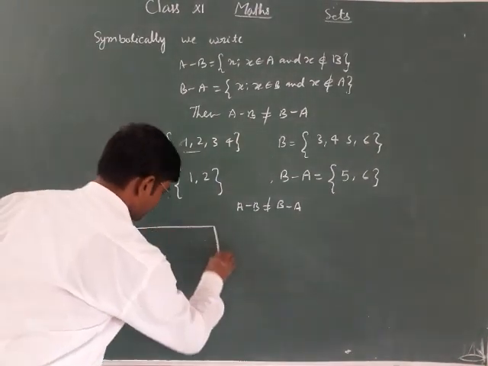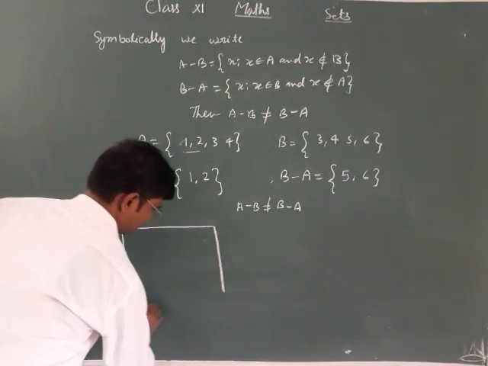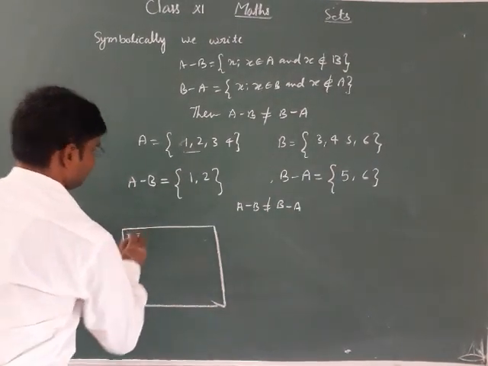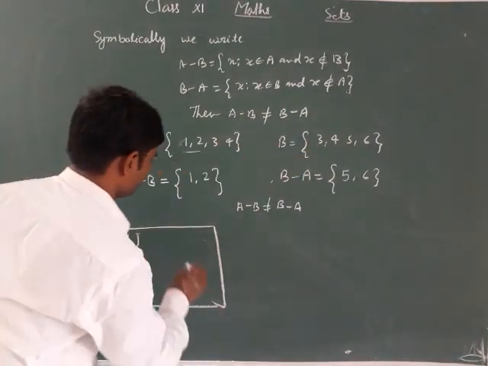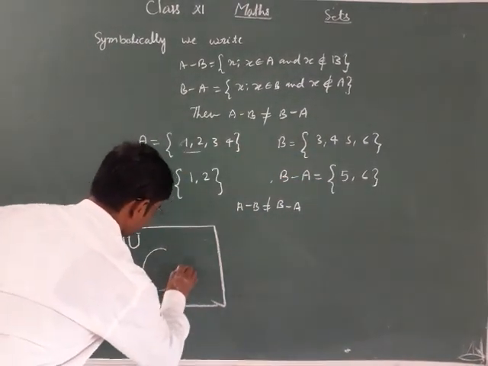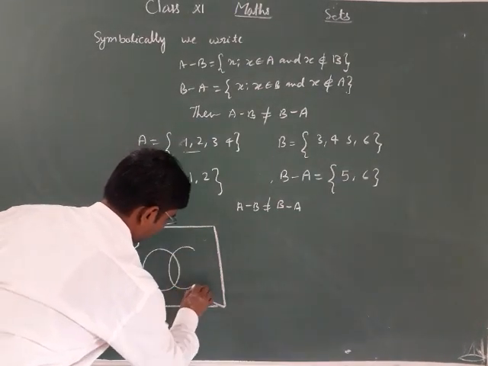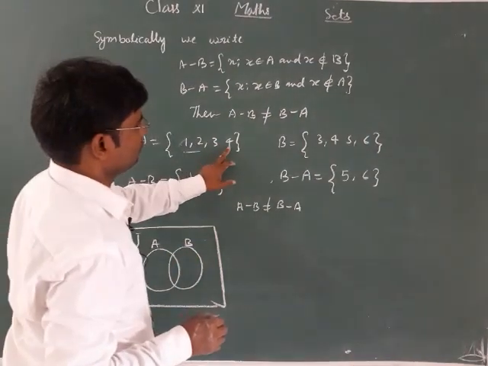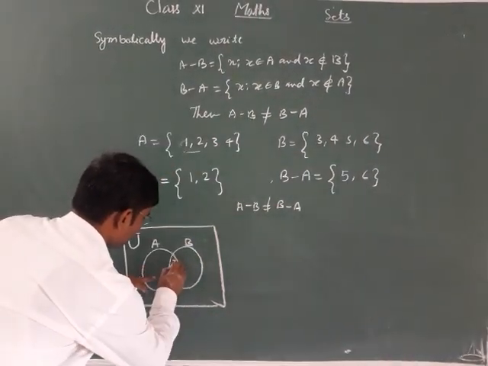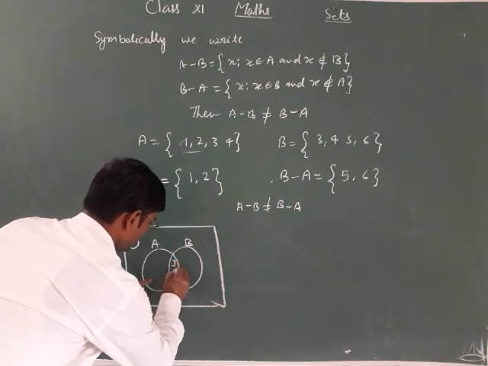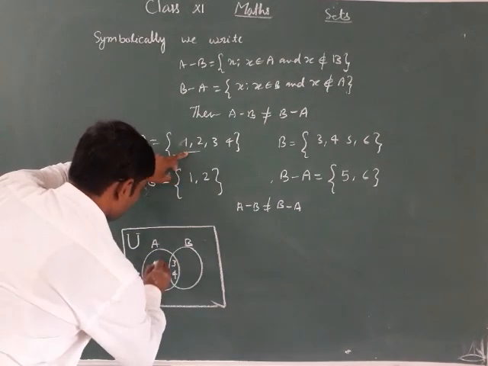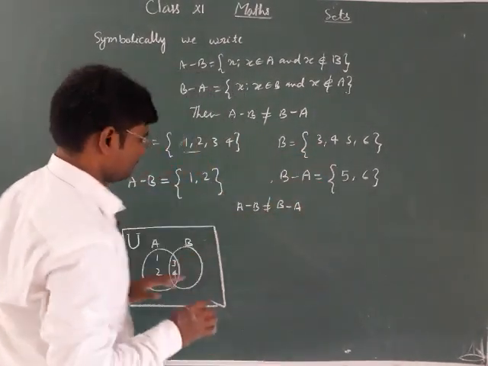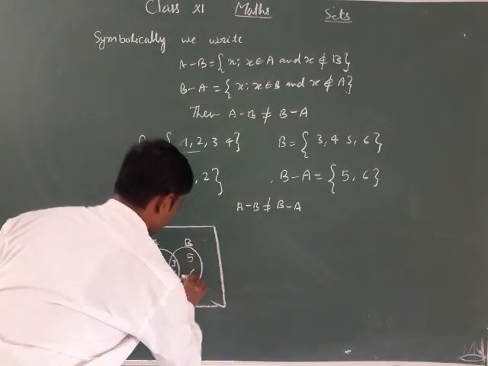First the universal set, and 3, 4 are common, so that is the intersection of the two sets A and B. So 3, 4 are written in the common part, and the rest of A is 1 and 2, and the rest of set B is 5 and 6.